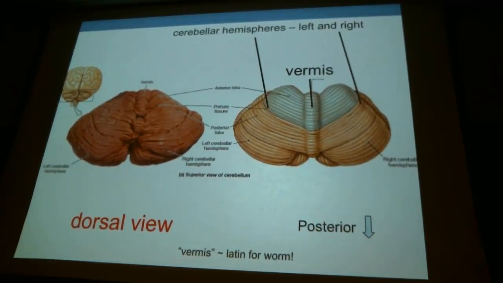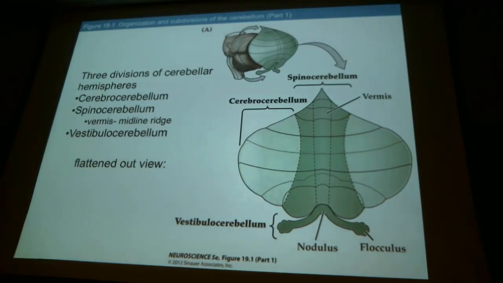So if you take this dorsal view, remember this is folded around, it's like a little ball, folded around. So if you take that and unfold it and flatten it out, you get something that looks a little like this. So here's the top edge and the bottom edge. Again, you have the vermis, the ridge in the middle, and the two hemispheres, and now you can see a little appendage down here that's known as the vestibulocerebellum.